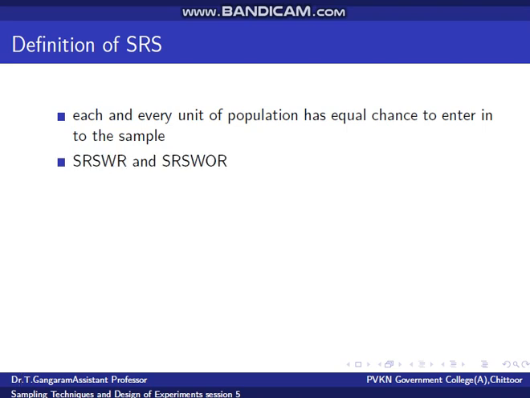There are two ways of simple random sampling: simple random sampling with replacement and simple random sampling without replacement.